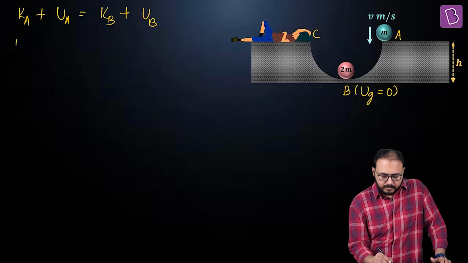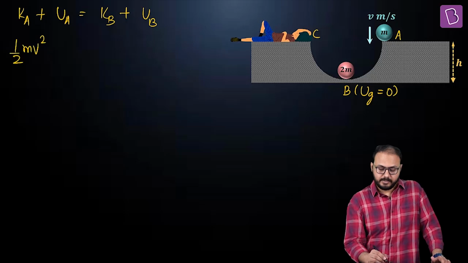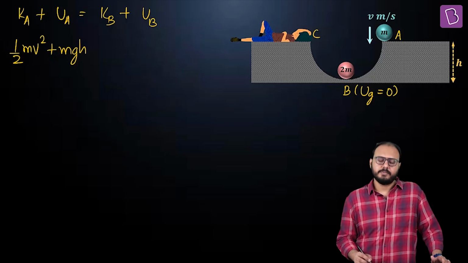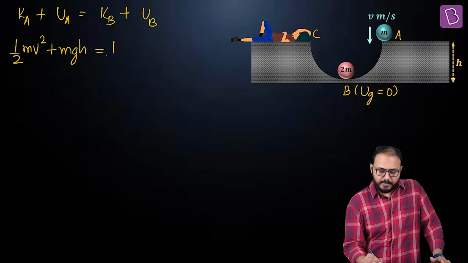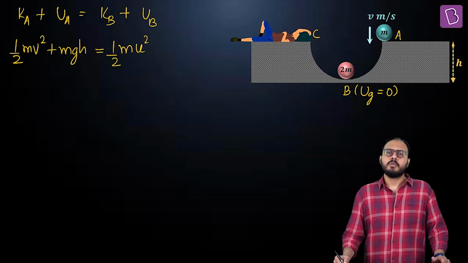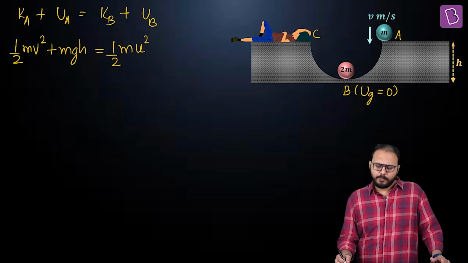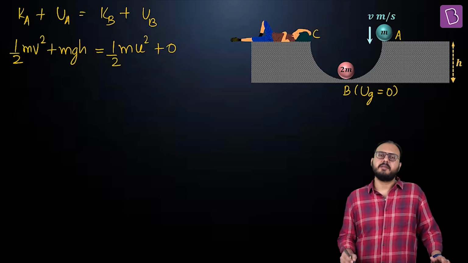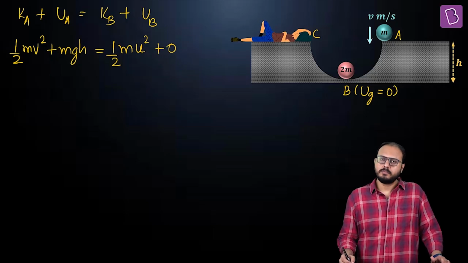Starts with half mv square. Then Ua, mgh. Kb is, let's say, half mu square. Let the velocity be u. And datum is 0.